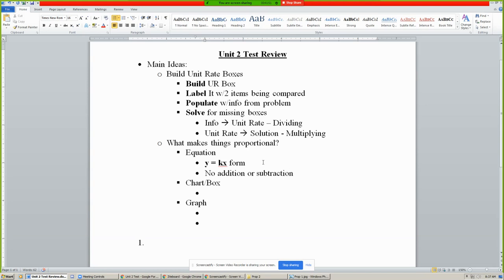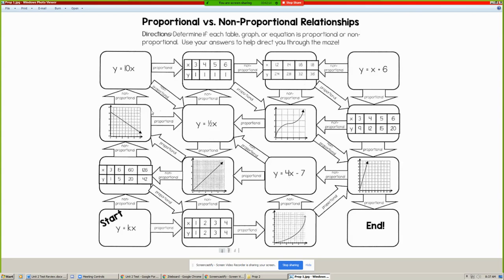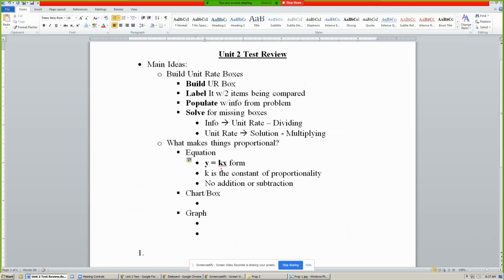When we talk about y equals kx, k is the constant of proportionality. So whatever takes the place of k, on y equals 10x for instance, the constant of proportionality is 10.